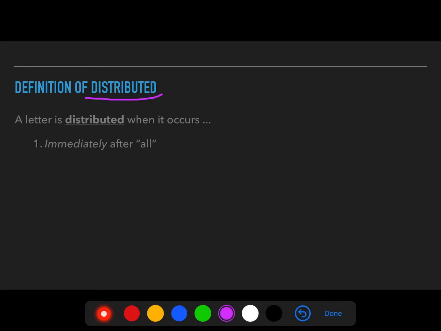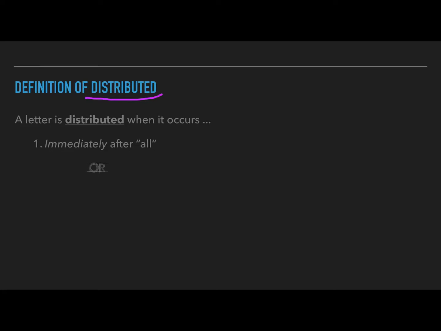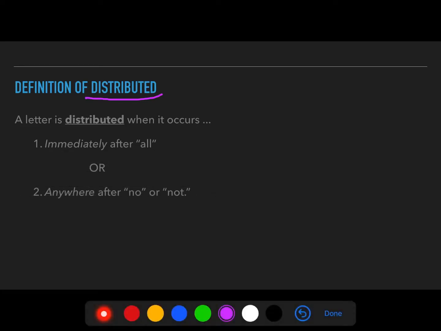So here is Gensler's version of it, his modern update to Aristotle. A letter that's in a woof or a syllogism is going to be called a distributed letter when it either occurs immediately after the word all, or anywhere after no or not.